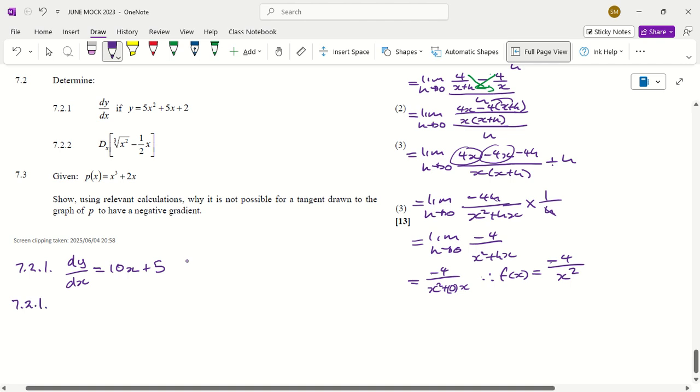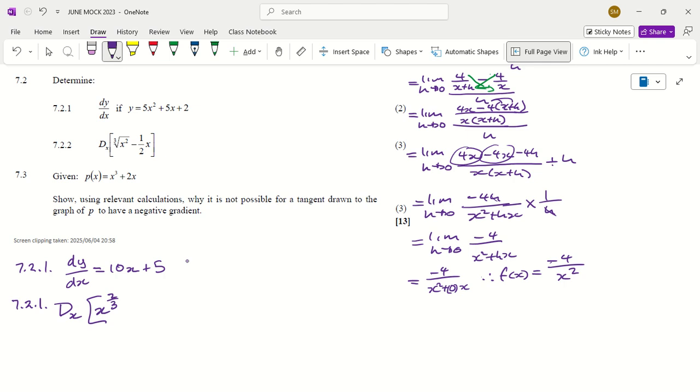For 7.2.2, we have dy/dx. So now we need to first simplify the bracket over here. So this is now what? x to the exponent 2 over 3, because we know that the n-th root of a to the exponent m is a to the m over n.